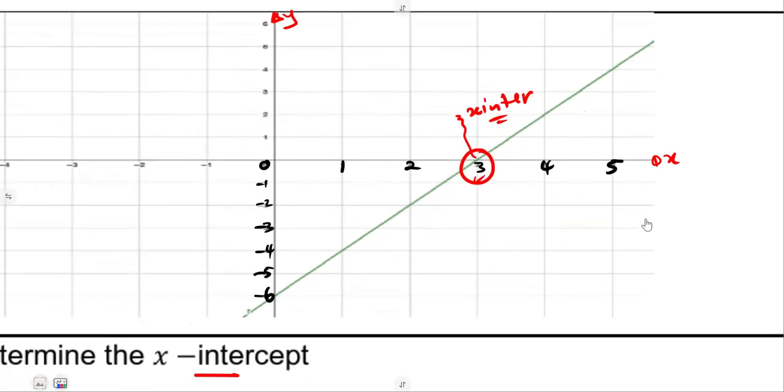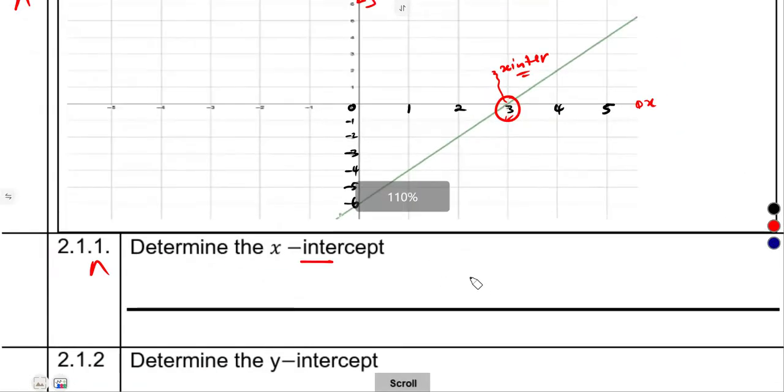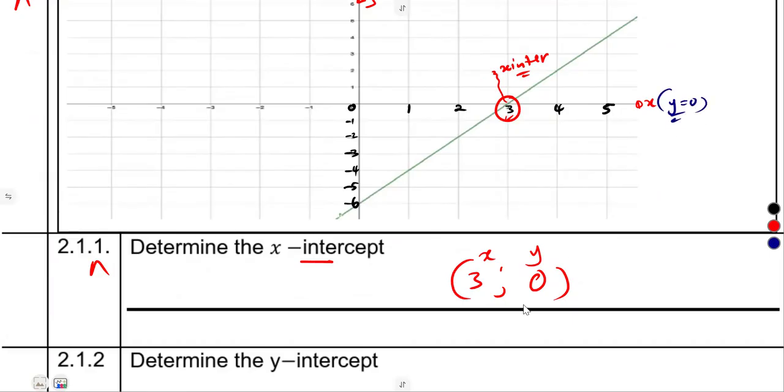The x value is 3 there. Remember, x versus y. In the x-axis, y is equal to 0. So that's 0 there. All right, 2.12, the y-intercept. As you can see here, it crosses the y-axis at what? At -6.